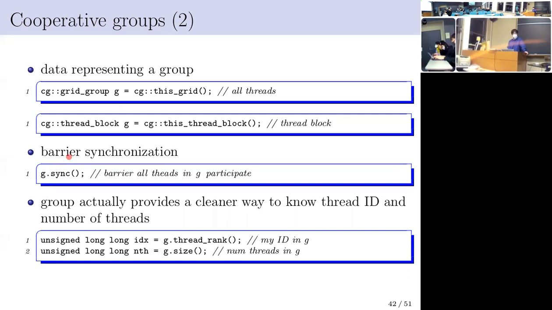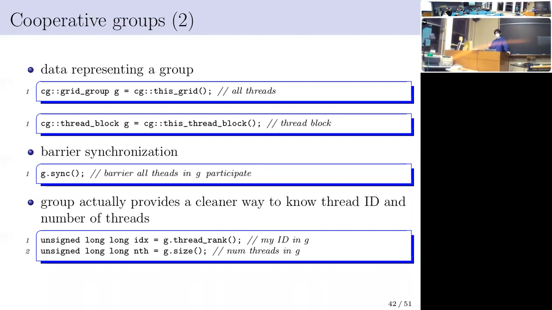So this is somewhat more general than the very awkward __syncthreads primitive that is able to only synchronize threads among a single thread block. And also another thing is, this group interface actually provides a cleaner way to know thread ID and number of threads.